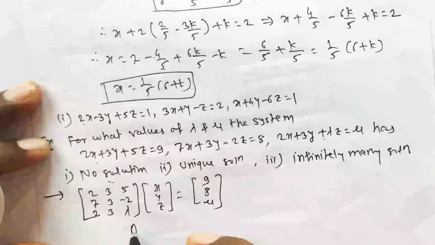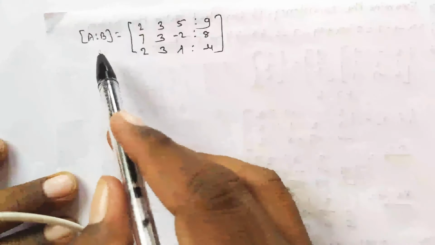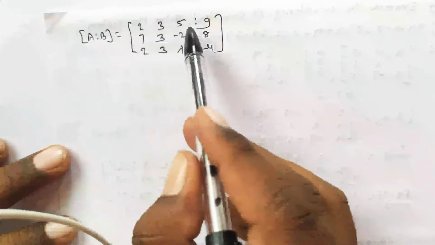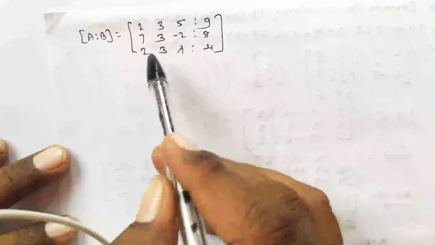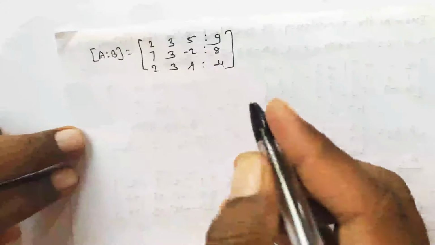So this is the form AX equals B. Now using this we write the augmented matrix AB, that is the joining of A and B: 2, 3, 5, 9; 7, 3, minus 2, 8; 2, 3, lambda, mu. Now we have to reduce this augmented matrix AB to canonical form using only row operations.